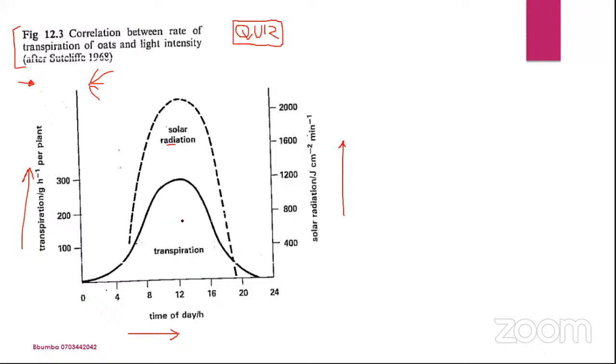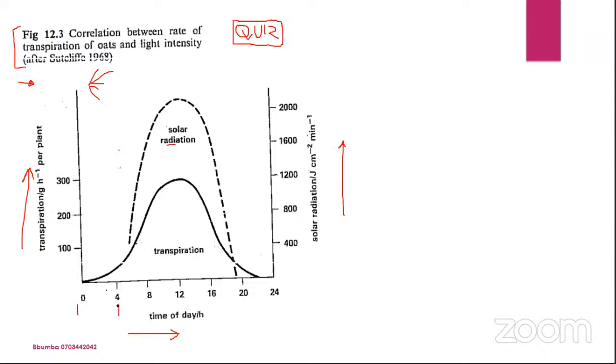So can you explain this graph? Can I have someone say something about this graph? At least explaining from, let's say, 0 to the 4th hour.